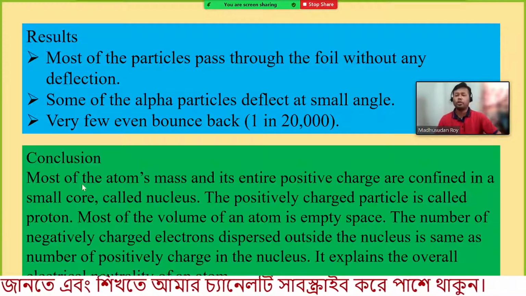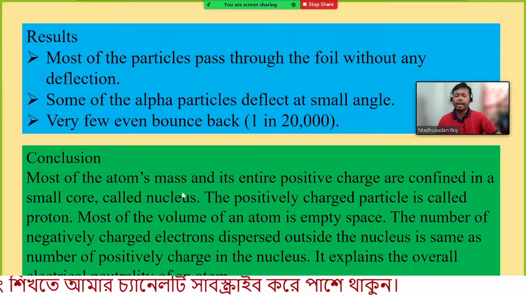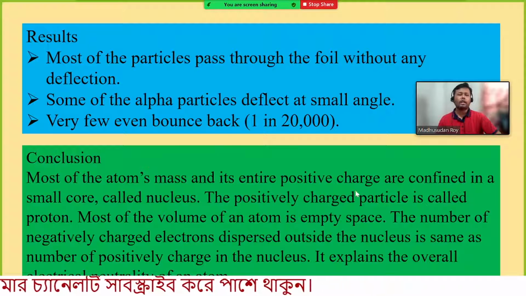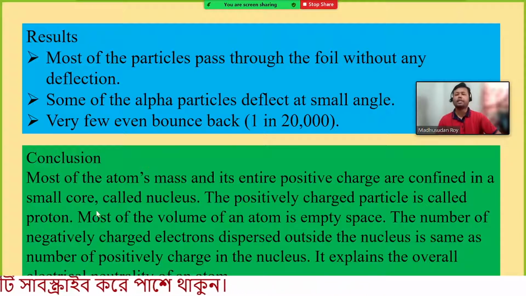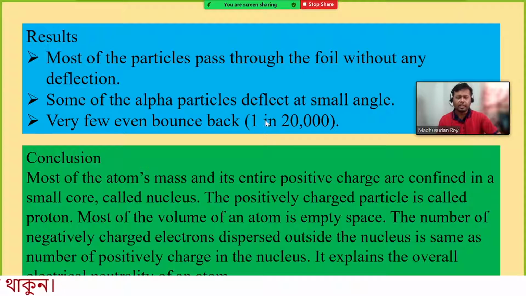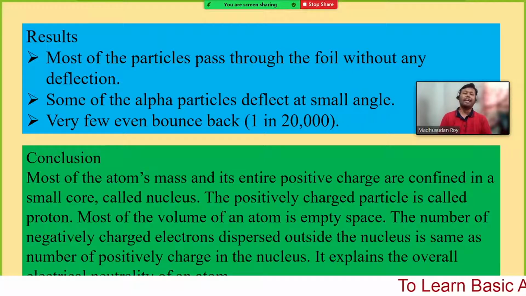So what is the conclusion? Most of the atom's mass and its entire positive charge are confined in a small core called the nucleus. As already mentioned, just 1 out of 20,000 is a very low percentage, a very rare number.